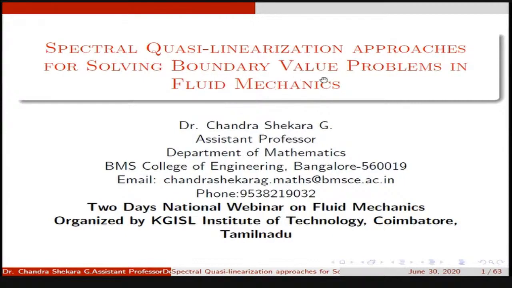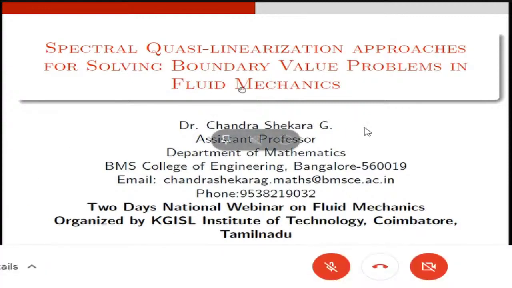Fluid mechanics problems can be modeled as differential equations and also integral equations. To understand the fluid flows or fluid properties, one has to solve this system of differential or integral equations.